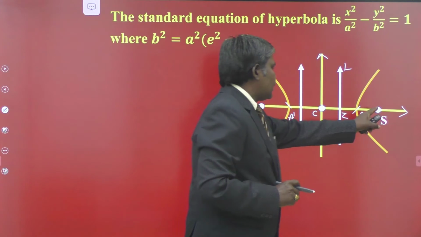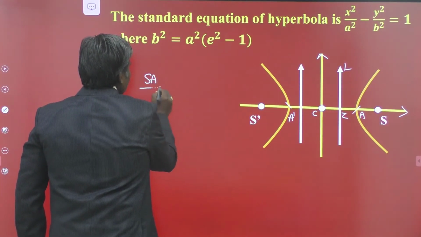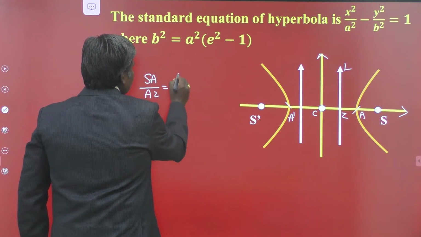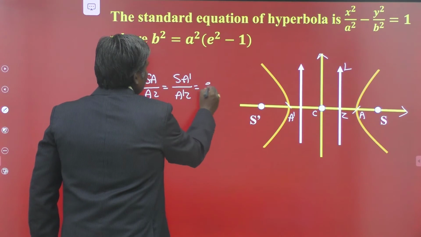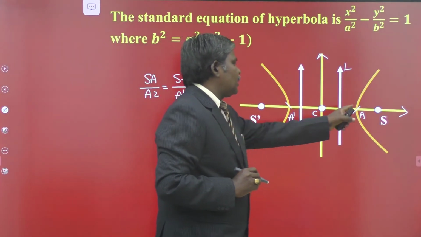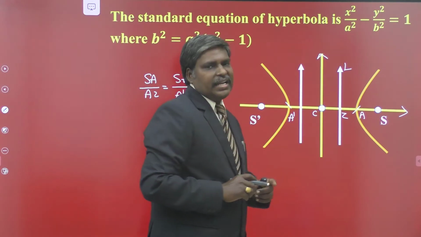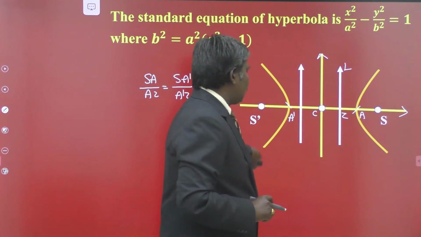That means SA by AZ is equal to SA dash by A dash Z is equal to E by 1. So clearly, by the definition of the hyperbola, both points A and A dash lie on my hyperbola. So this is the structure of the hyperbola.